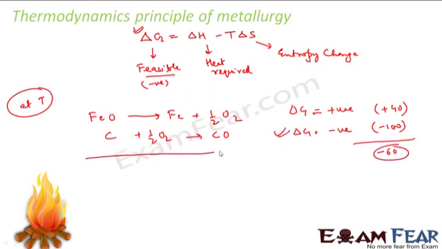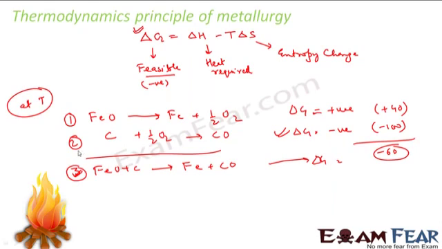So if you club these two reactions, what you get is FeO plus C gives Fe plus CO. So the delta G of the net reaction is negative, so this reaction is feasible. So standalone reaction 1 is not feasible, reaction 2 is feasible, and reaction 3 is also feasible.